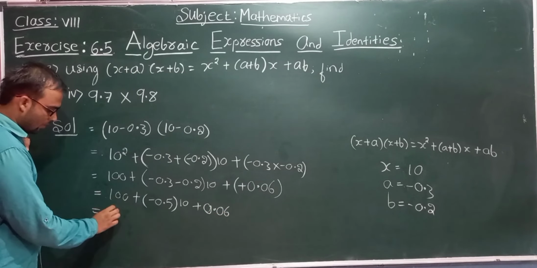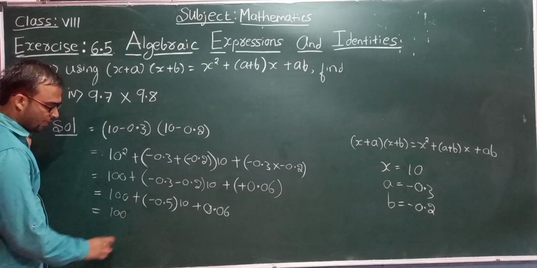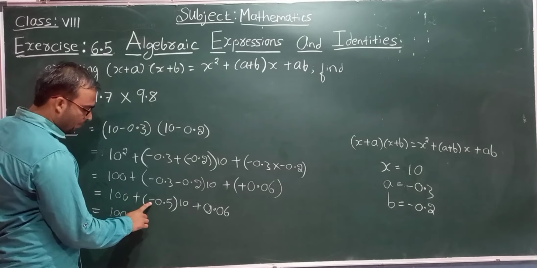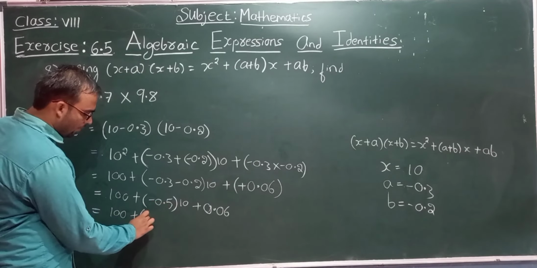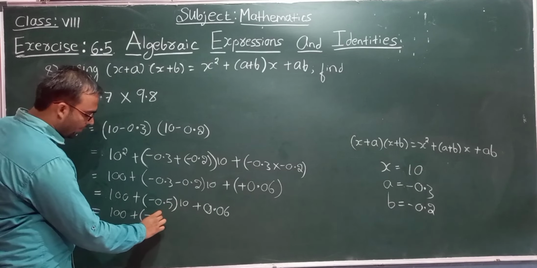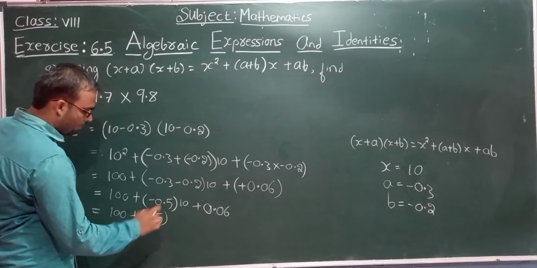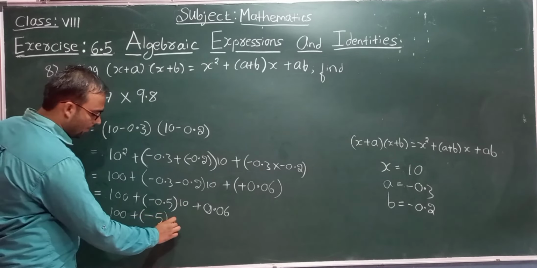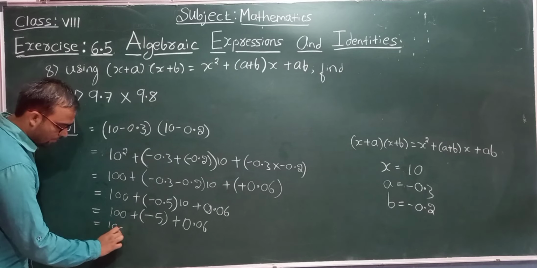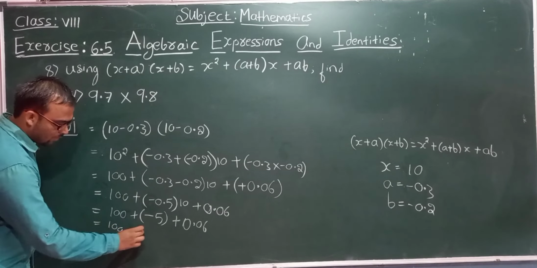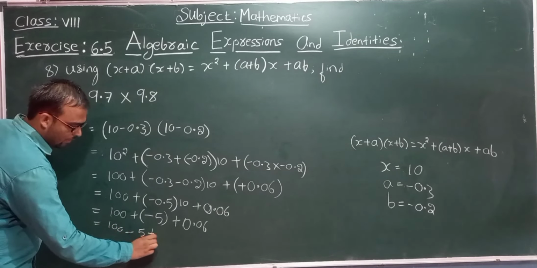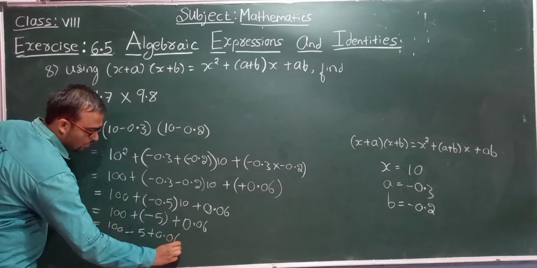Next, 100, minus into plus will be minus, 0.5 into 10 will be 5, plus 0.06.